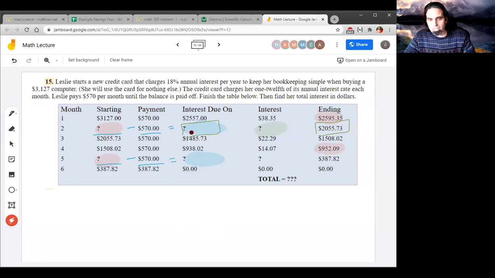Because going forward, once I had the interest, I would add those together, right? So if you understand how these tables work, like Eli does and I don't, then this is a pretty quick problem. It's a bunch of little subtraction and addition things.